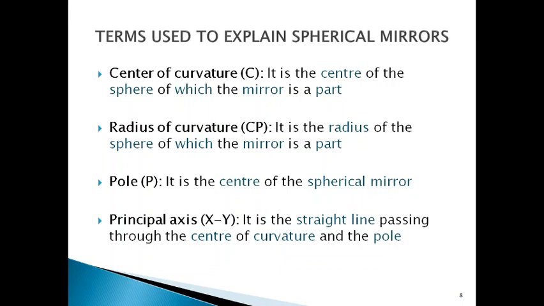I have already told you that a spherical mirror is a part of a hollow sphere, or I can say that a spherical mirror is a mirror whose reflecting surface is a part of the hollow sphere of glass. So, what will be the center of curvature? It is the center of the sphere of which the mirror is a part.